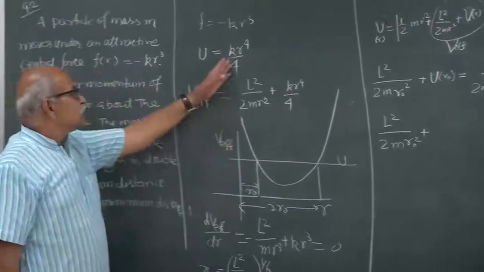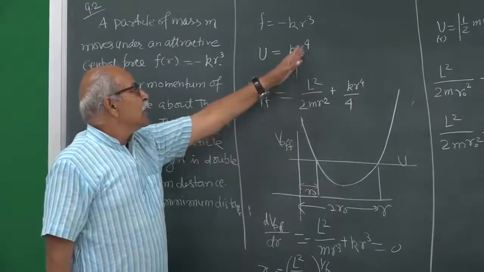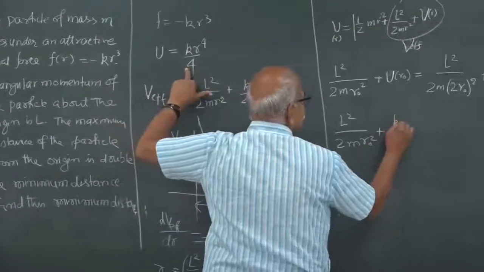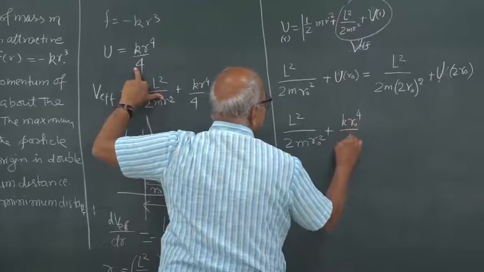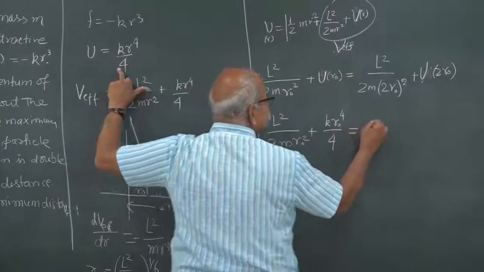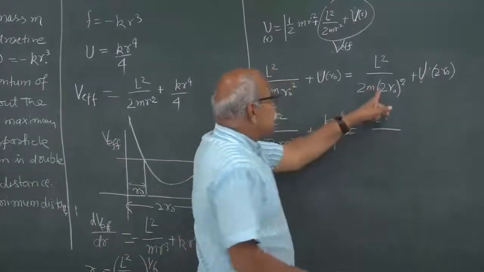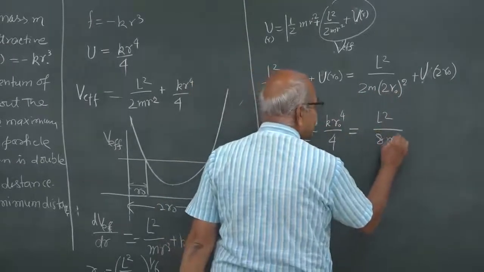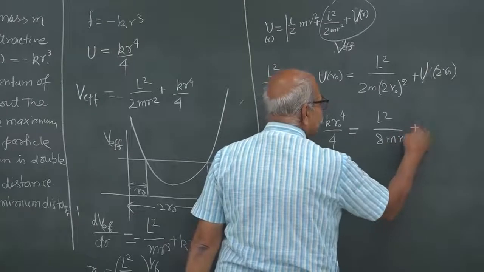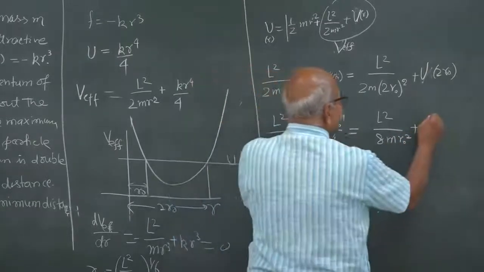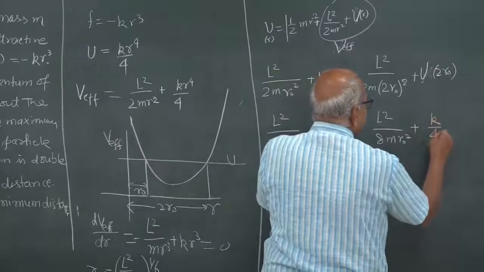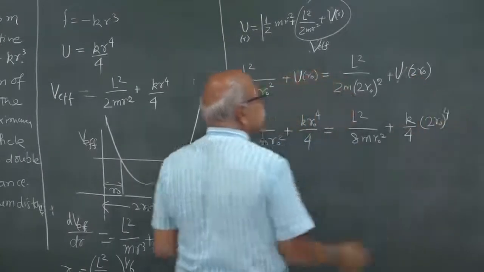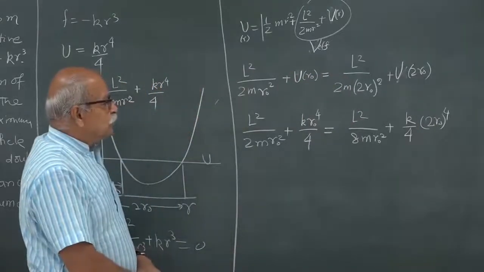What is u at r naught? k into r naught to the power 4 divided by 4. So, k into r naught to the power 4 divided by 4 is equal to L square divided by 2 into 2 is 4, 4 into 2 is 8. So, 8 m r naught square plus this is k by 4 and then 2 r naught power 4. The potential energy at 2 r naught, it is this.